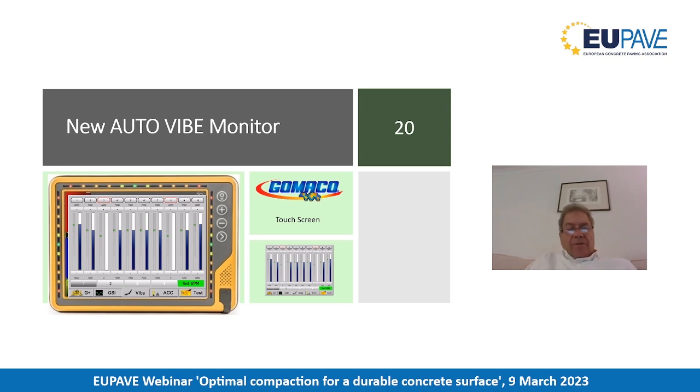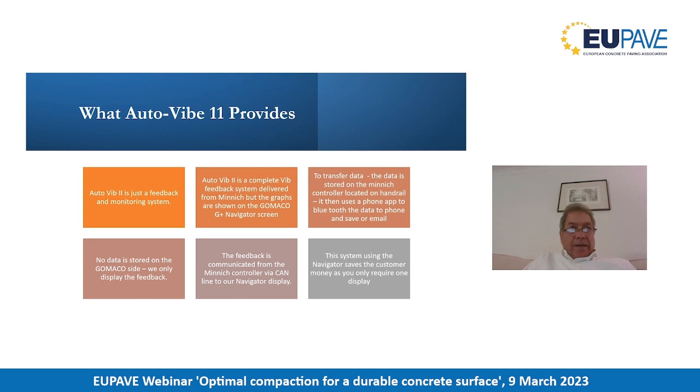The Auto-Vib system comes in 2 levels. The introductory and basic system is Auto-Vib 2, and then the top end is the Auto-Vib 3. The Auto-Vib 2 is purely a feedback and monitoring system.